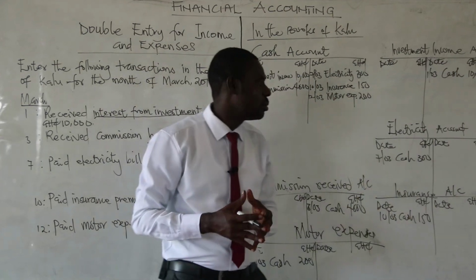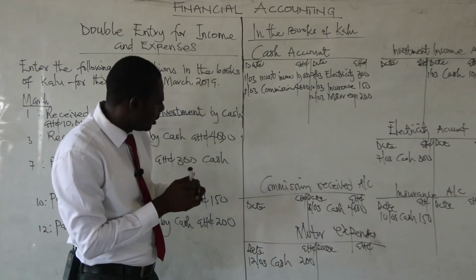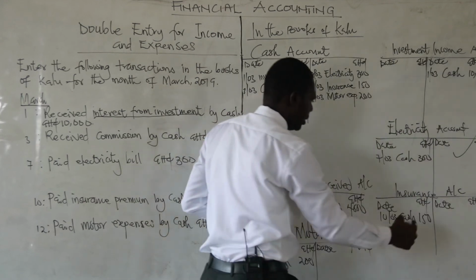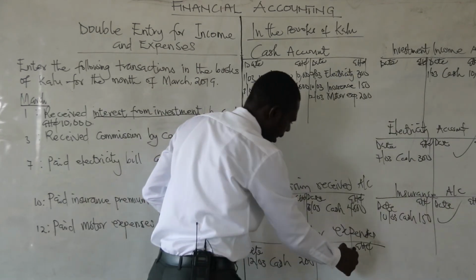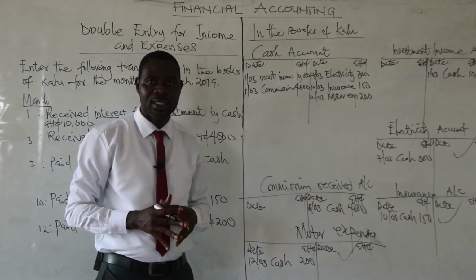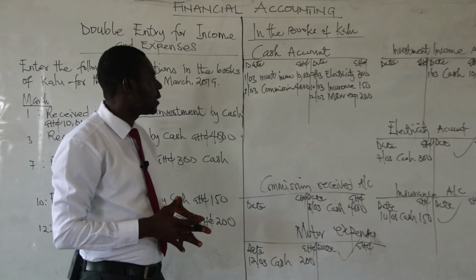Okay, so we can see clearly that all expenses on the board include electricity, insurance, and motor expenses. All of these accounts have been debited with the amount of cash paid for them. Okay.